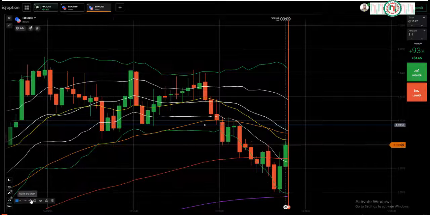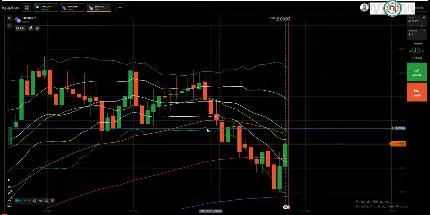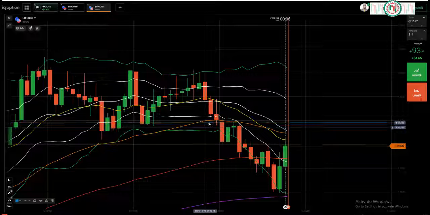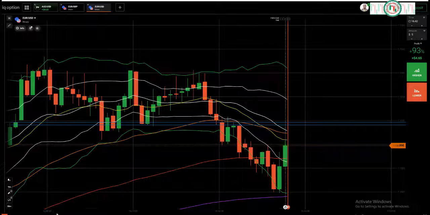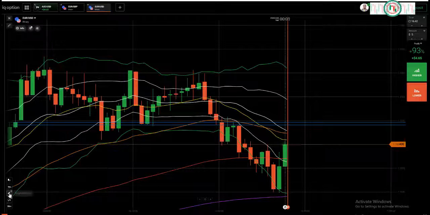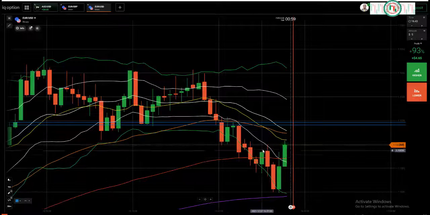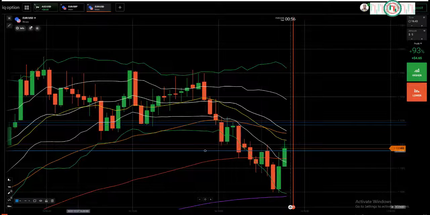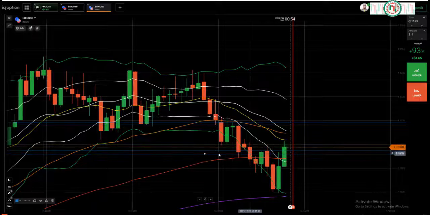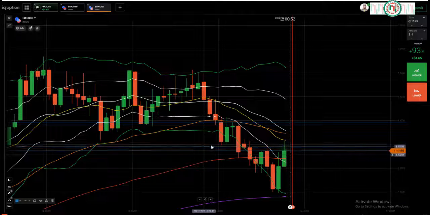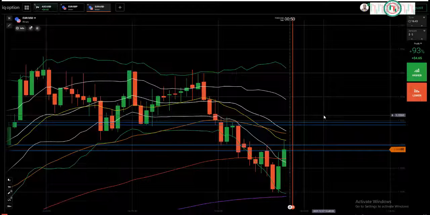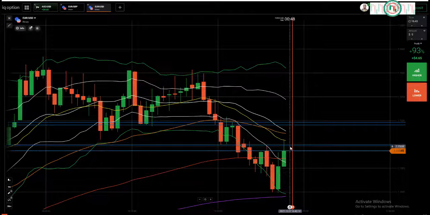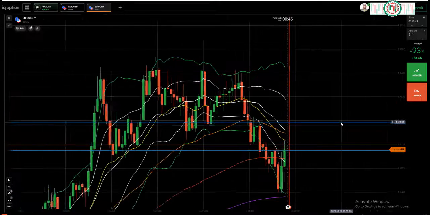It's another strong area here. I know market will reverse from this level and here as well, but market creates a new high. This level is another strong area, but market creates a new high at this level.